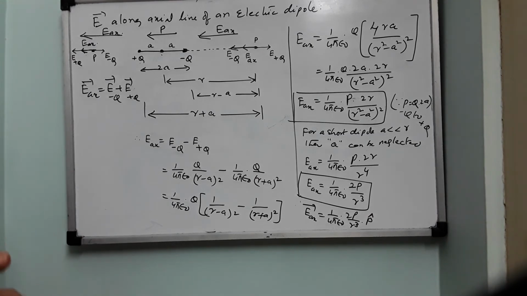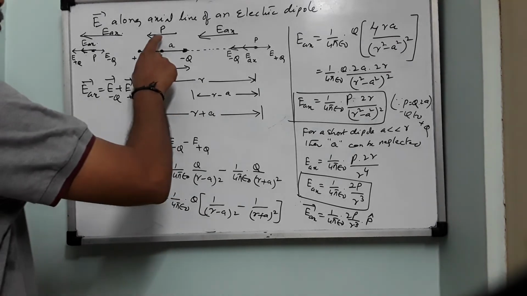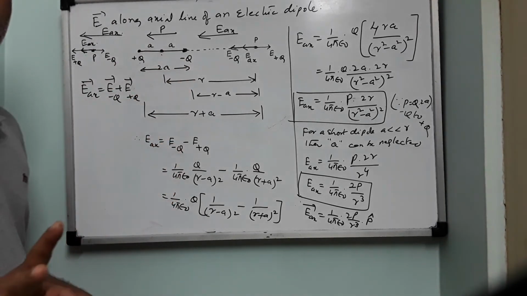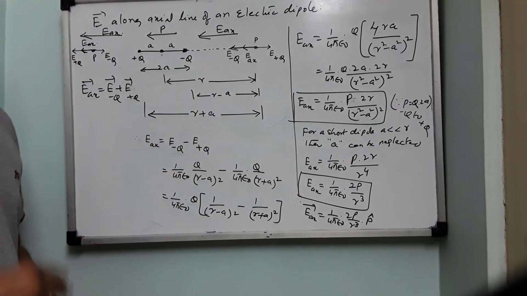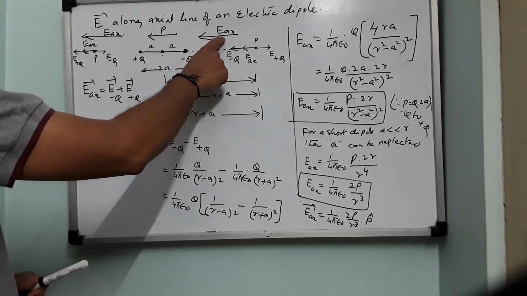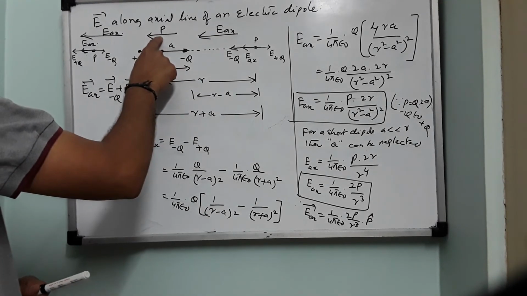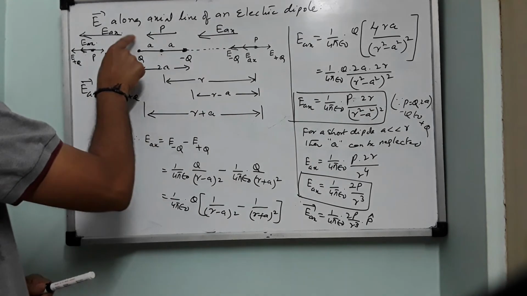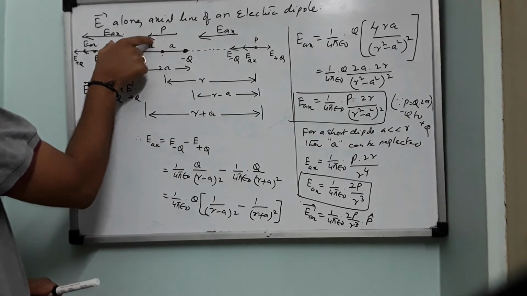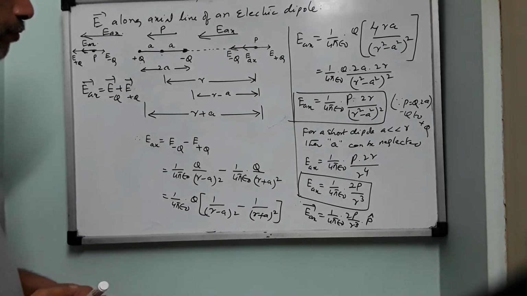So the question will come like this. What is the angle between net electric field of the axial point and the dipole moment vector? So you can write they are pointing in the same direction, or the angle between the two vectors is always 0. Net electric field vector at axial point and the dipole moment vector, either you take this pair or you take this pair, the angle between the pairs will always be 0.